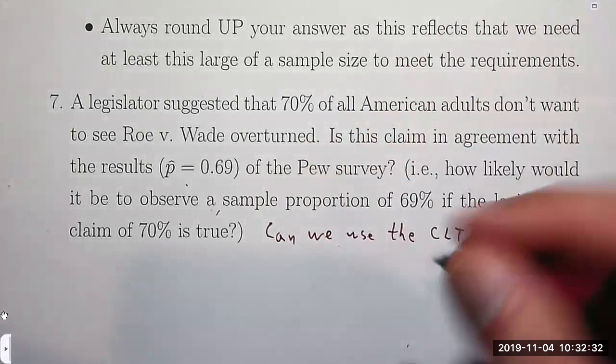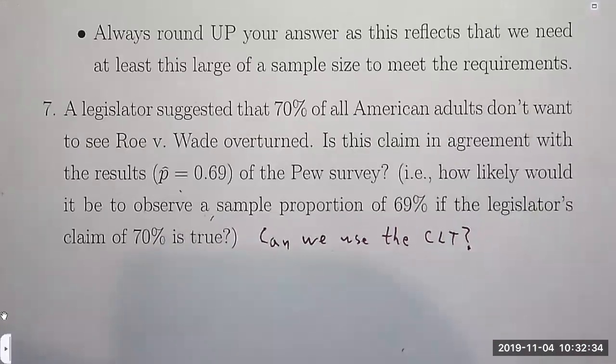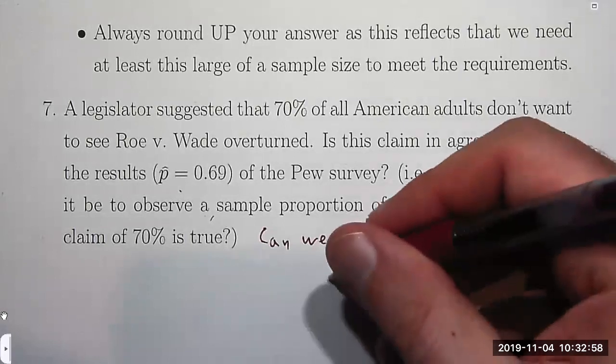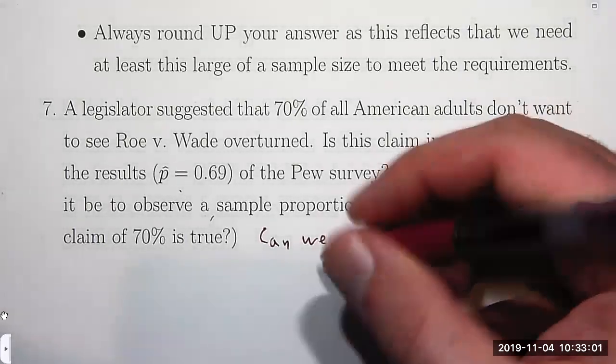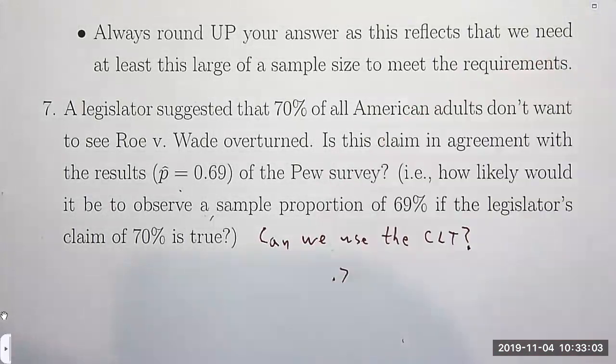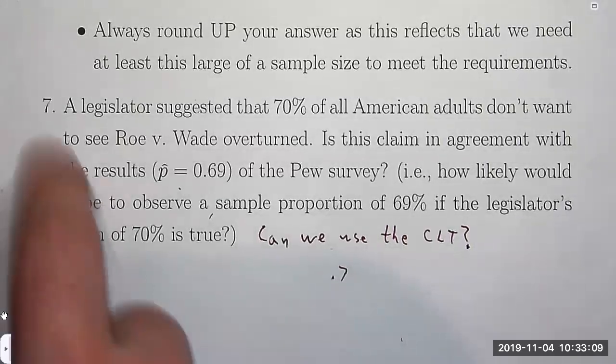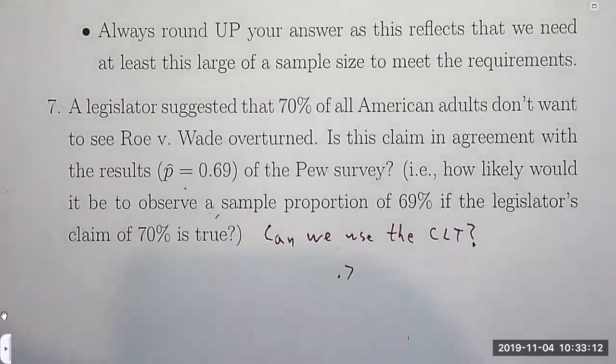All right. So in this survey, we assume that they're using some kind of random calling or randomization. So that's okay. Also, we assume that the sample size is not larger than 10% of the population. So that's okay. And then lastly, we could check 0.7 times the sample size. What was the sample size again? This is referring back to the original.